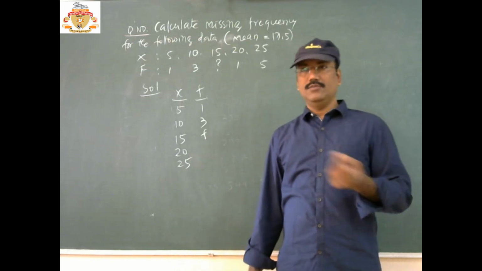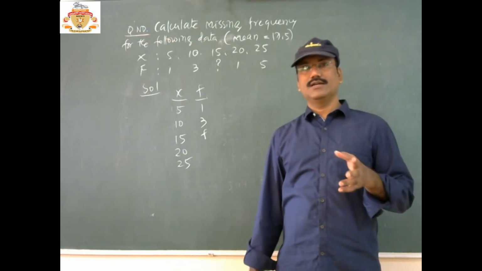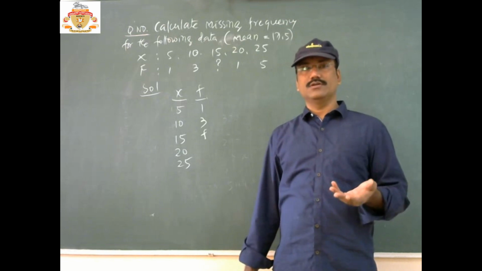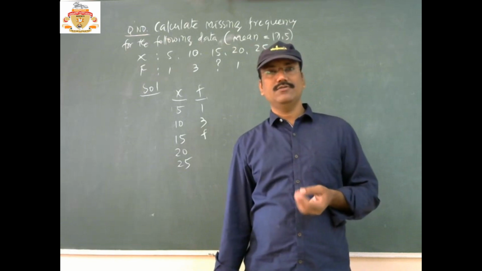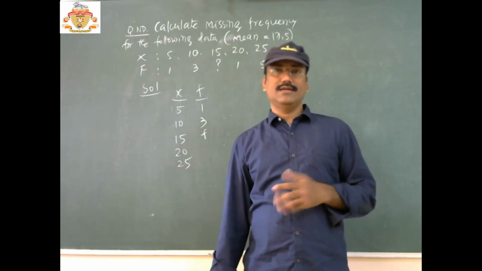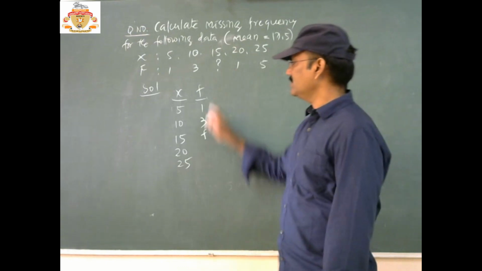You have to write this before solving. If it is missing in the frequency, write let the missing frequency be f. In the previous question, the variable x was missing, so you write let the missing variable be x. You write that first, then use the symbols.